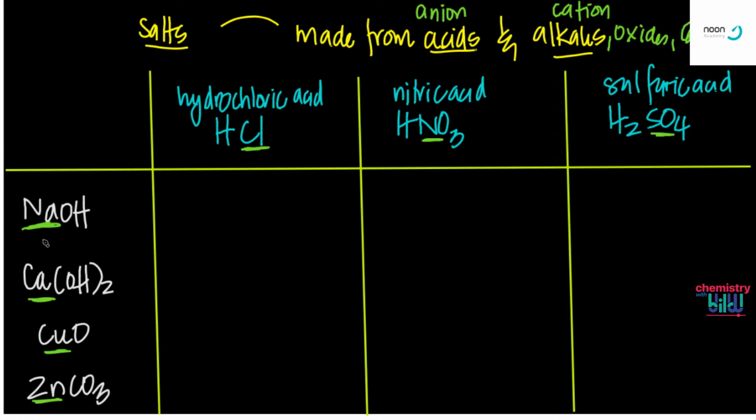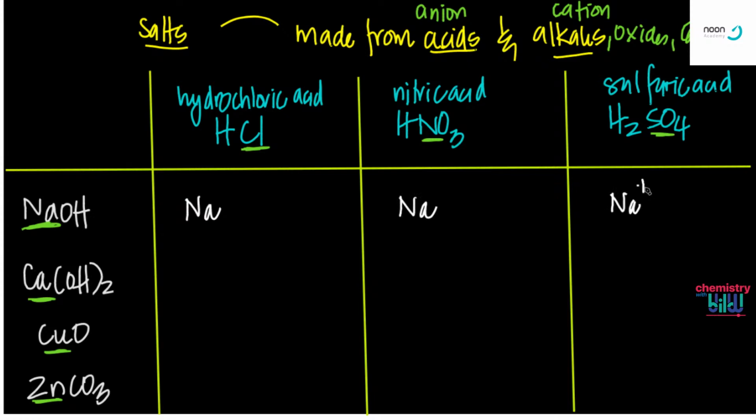We'll talk about that in a second. If you remember the reaction we did yesterday, acids react with metal oxides, metal hydroxides, metal carbonates. If I had a little more space, I would make the 4th one here, the metal itself. But I don't.